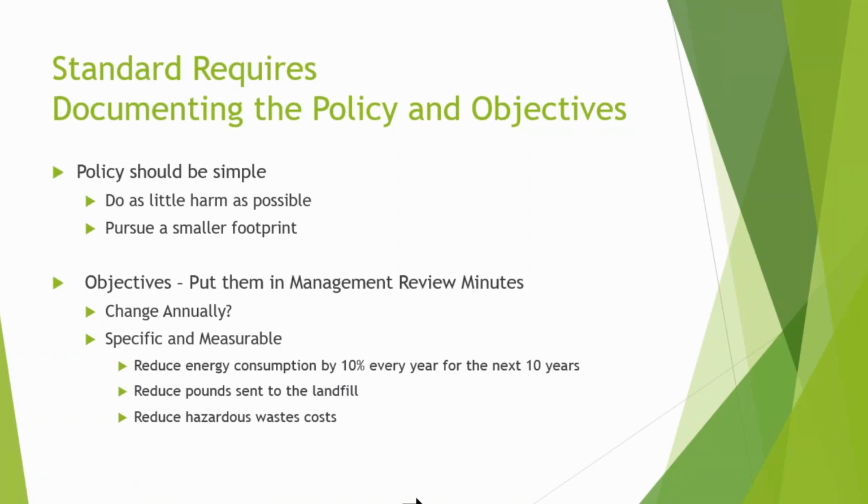Or reduce the pounds sent to the landfill. Reduce hazardous waste cost. Those are kinds of examples from my experience in what might be good, simple objectives. And those could easily be documented in your management review meeting minutes.